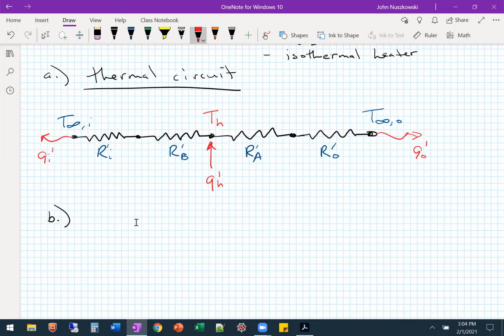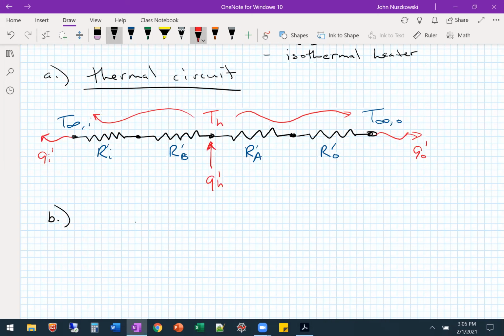We have this QH coming in, and it's going this way, and it's going this way. So if we did delta T across inner to outer, it doesn't flow with the heat that we have going on. Would it be inner minus TH or outer minus TH?